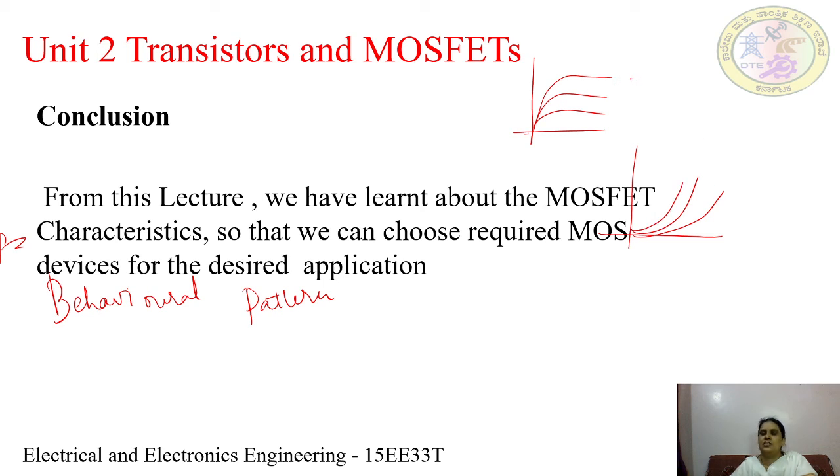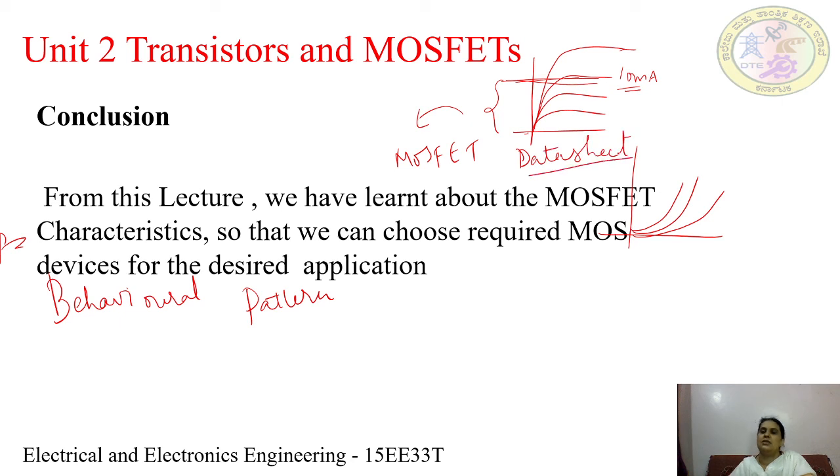Depending on my application, if my device is such that the maximum drain current is 10 milliamperes, beyond that it is not operating, then which MOSFET this is for, I will find out by reading the data sheet. The data sheet is information which gives all the details of a particular MOSFET, so that depending on my application I can choose the MOSFET wisely.